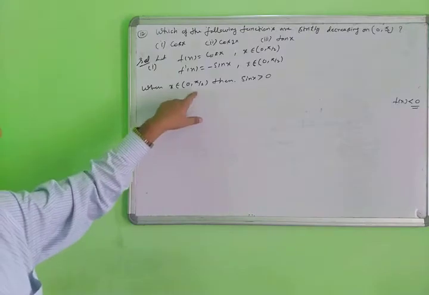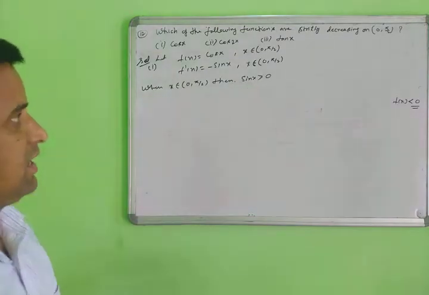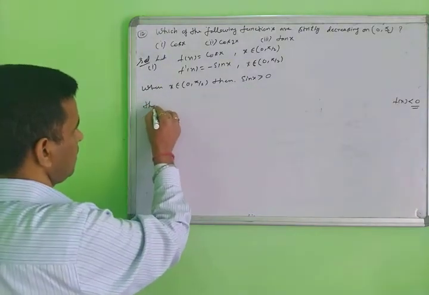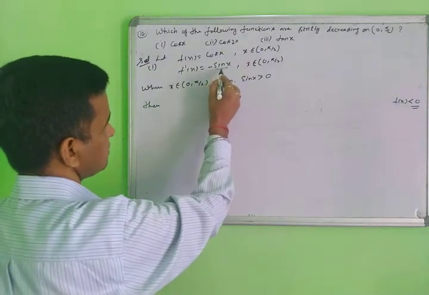It is an open interval, so don't include the equal sign, so the value is not 0.